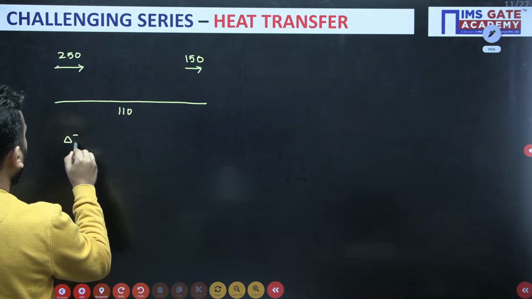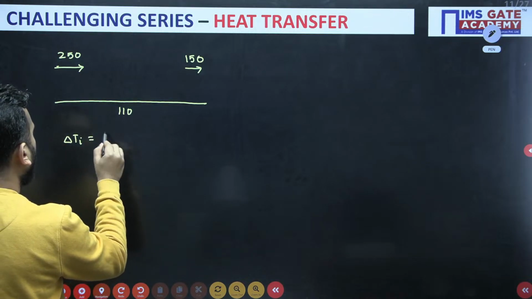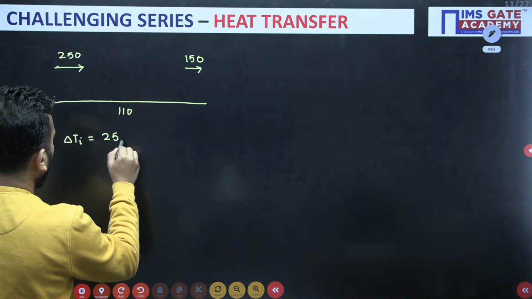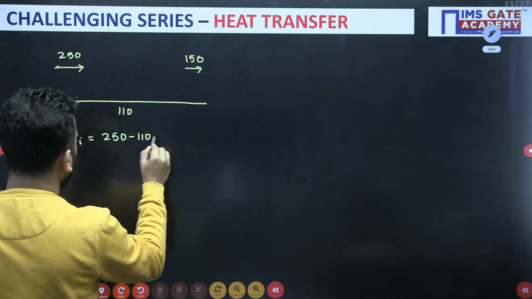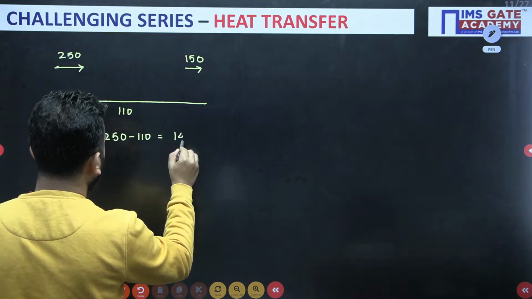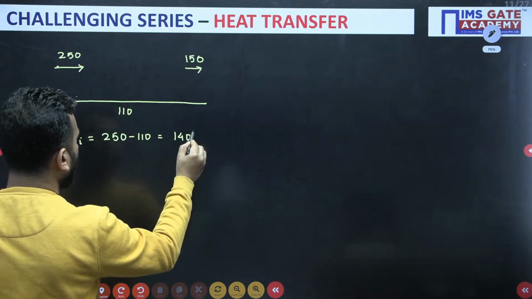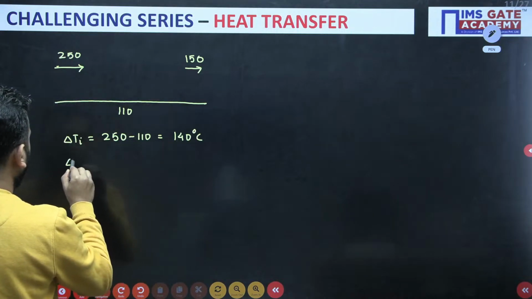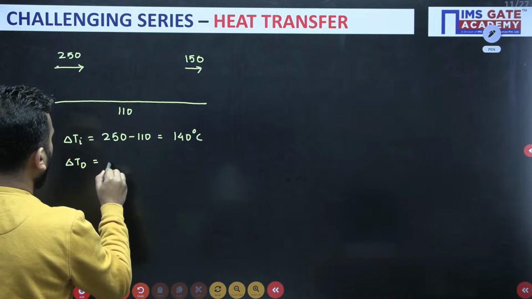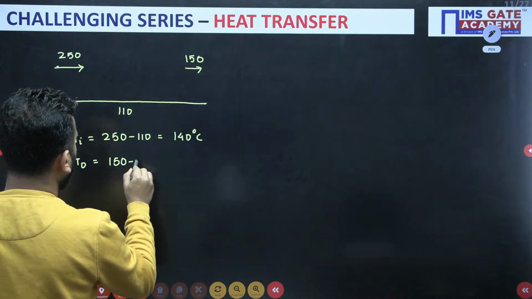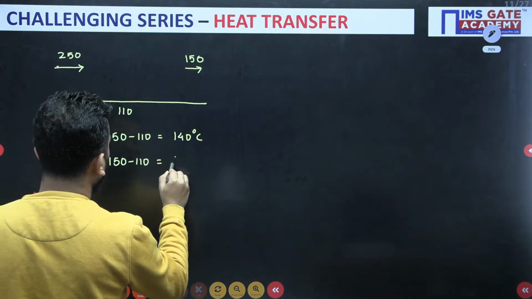So delta T inlet will be, considering parallel flow, this one, and outlet will be this one.